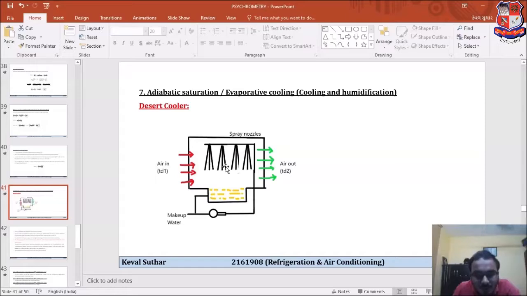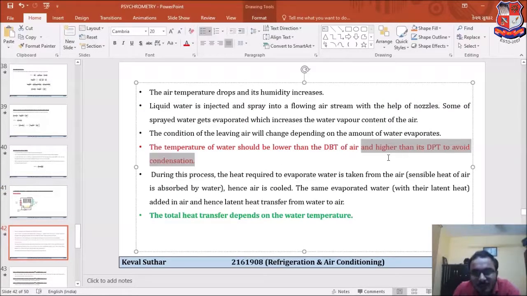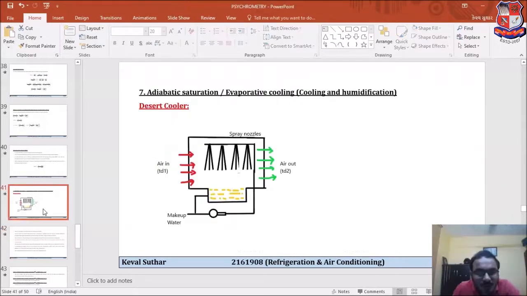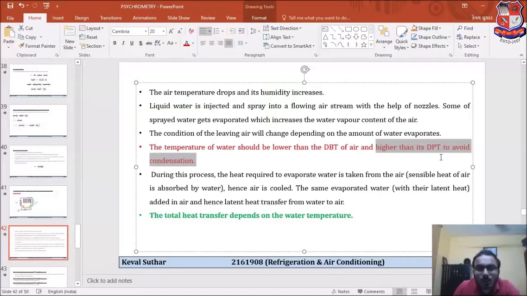So this temperature of water should be lower than the dry bulb temperature of air TD1. Then it will try to cool this air. Second thing, it should be higher than the dew point temperature of air, because if it is lower than dew point temperature, then condensation will start from the air itself, so it will go into a reverse mode. So it should be higher than its dew point temperature to avoid the condensation.